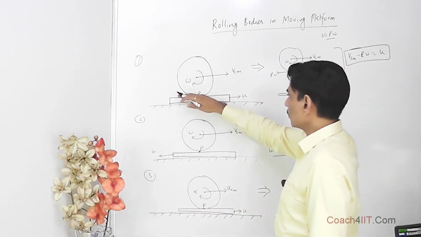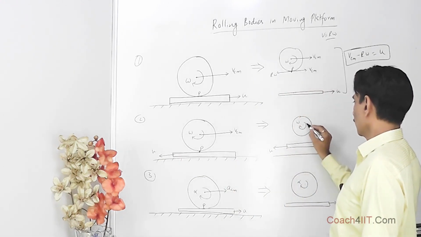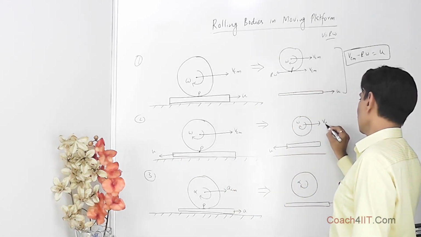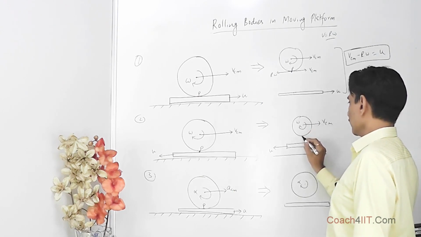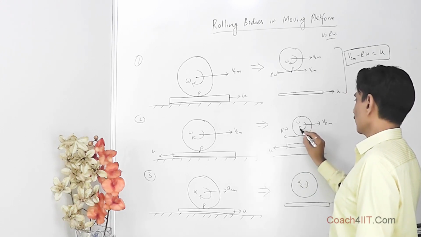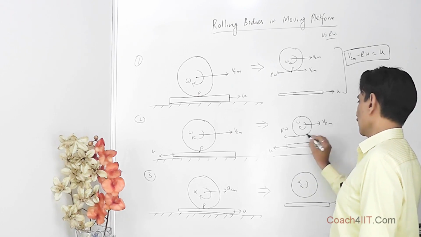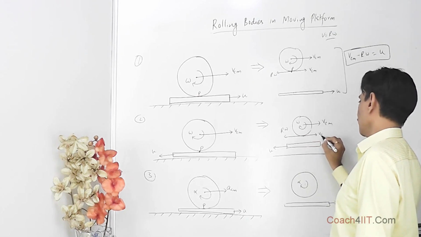Now, if the platform, instead of going like this, is moving in this direction, the method is the same. If vcm is in this direction and the body is rotating like this, then r omega is in this direction, and this velocity is because of rotation. Because of translation, this point will have velocity vcm over here.